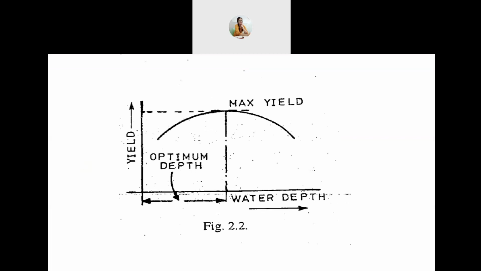You can see that the graph increases and it reaches a certain point. That point is known as maximum yield, and after that certain point, the value decreases. So the increased portion, the increased value is known as the optimum depth.